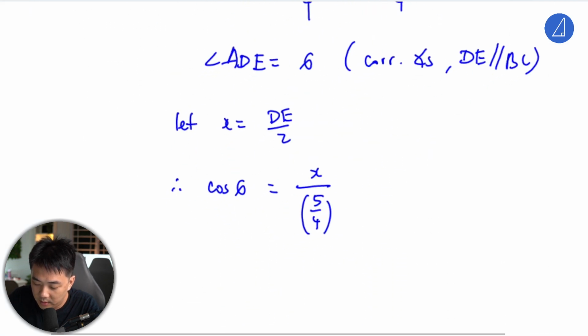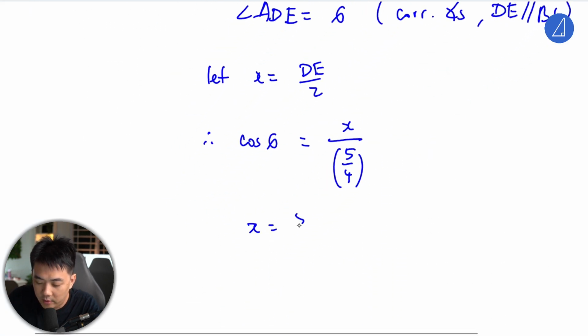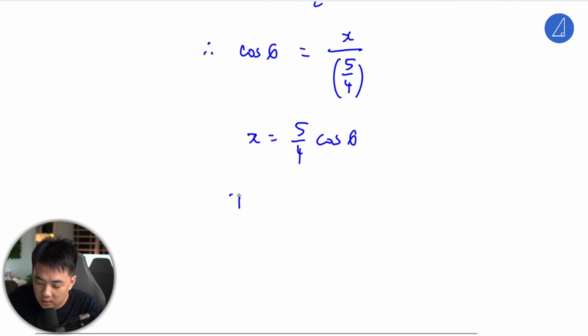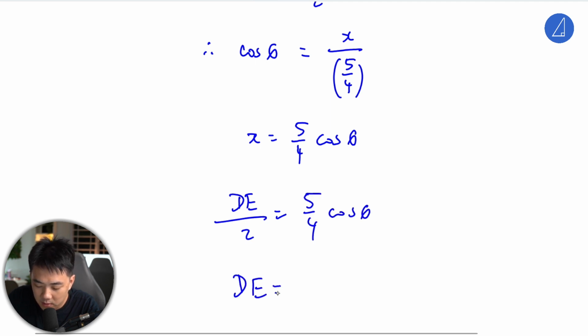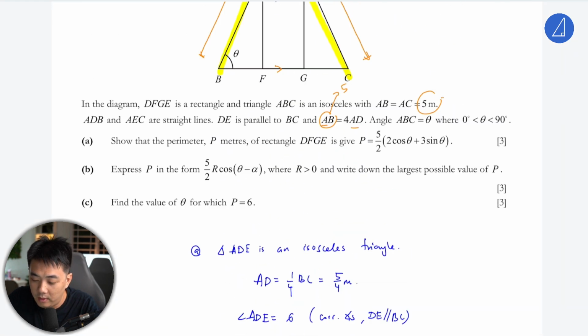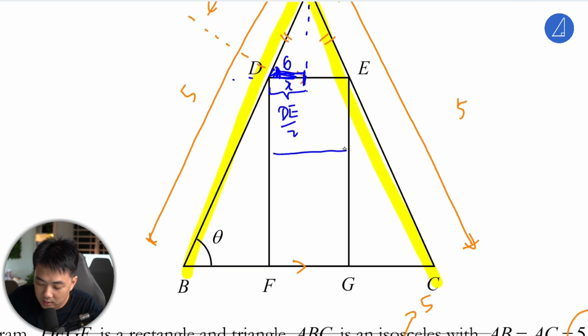Then you get X here. So X is equal to 5 over 4 cosine theta. Then we know DE is actually 5 over 4 cosine theta times 2. Then DE is actually just 5 over 2 cosine theta. Got it. DE is 5 over 2 cosine theta now. So we know that this length here is 5 over 2 cosine theta.